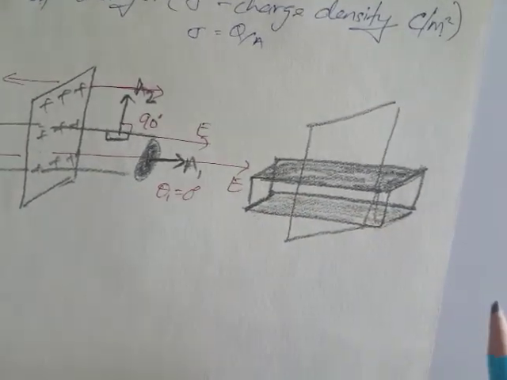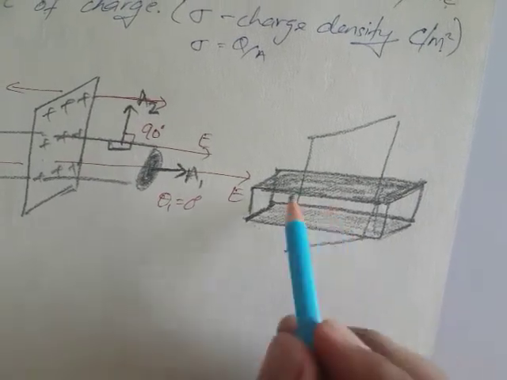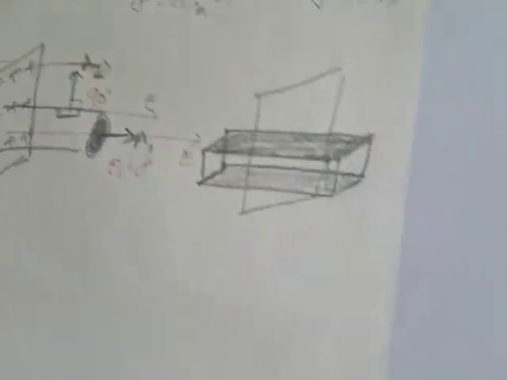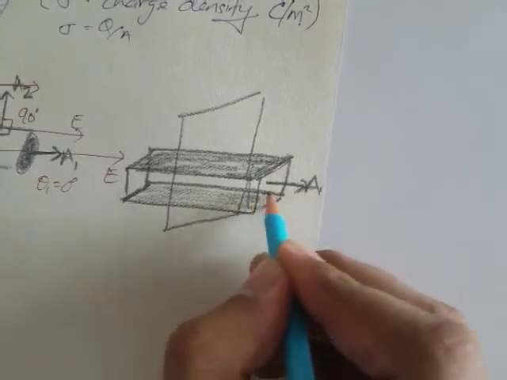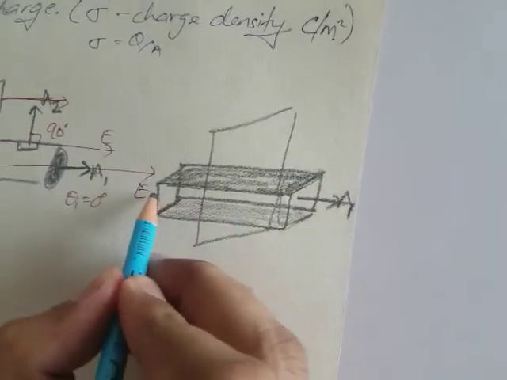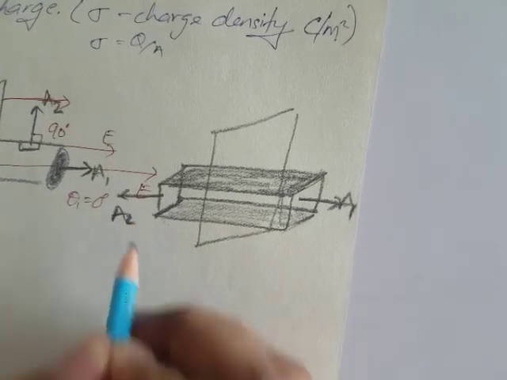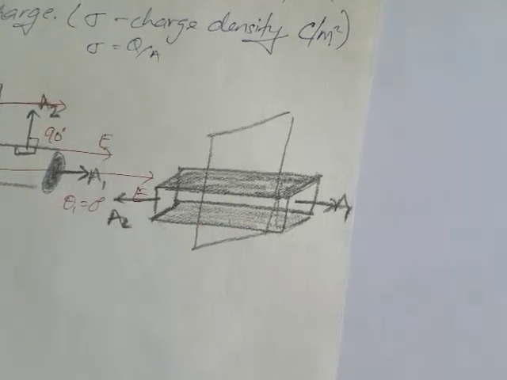A rectangular slab has 6 sides. This one is area A1, that is length into breadth. This one is also area A2, length into breadth. Now the bottom area we draw with a different color.